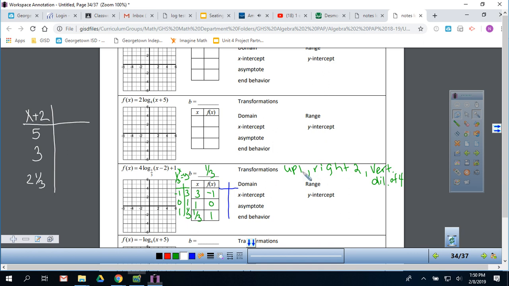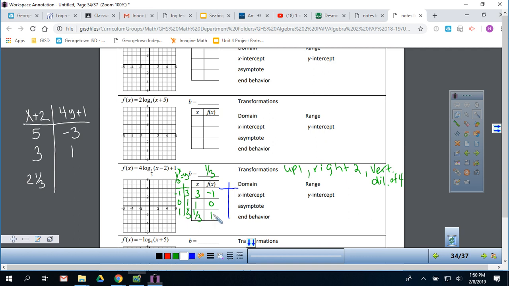But then we also have that vertical dilation of 4, so we're going to have 4 times y plus 1. So we're going to have 4 times -1 plus 1, which is -3. Then 4 times 0 plus 1 is 1.